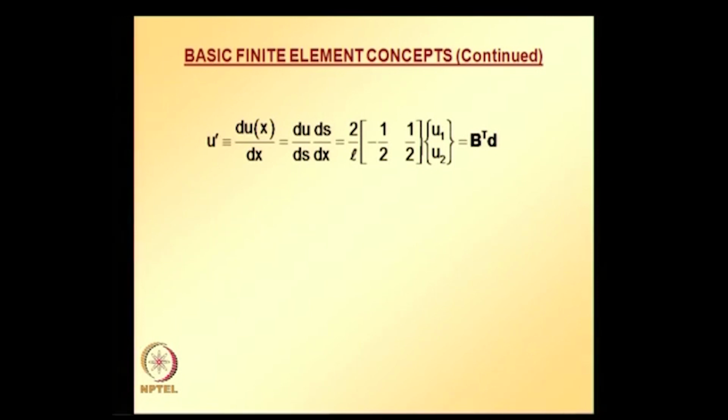Now, if you look at the equivalent functional or the equation that we get using the weighted residual method, we may require this kind of quantity, derivative of u with respect to x. Using the chain rule, we can write it as derivative of u with respect to s, times derivative of s with respect to x.